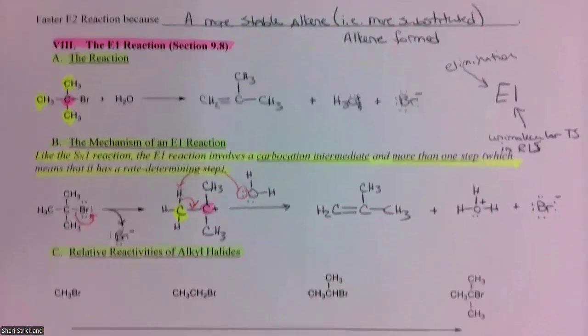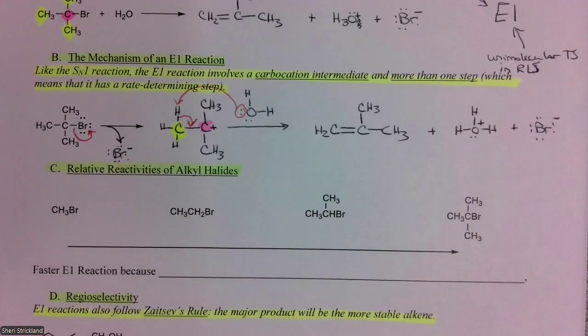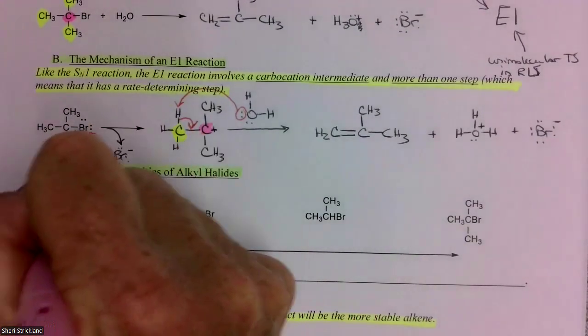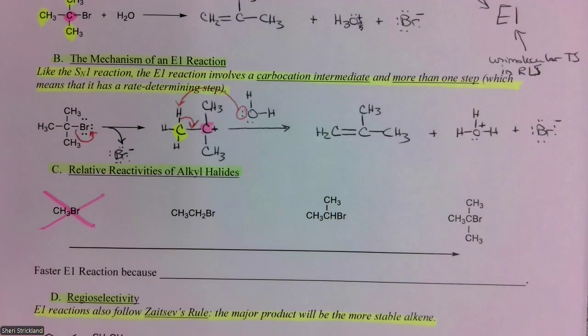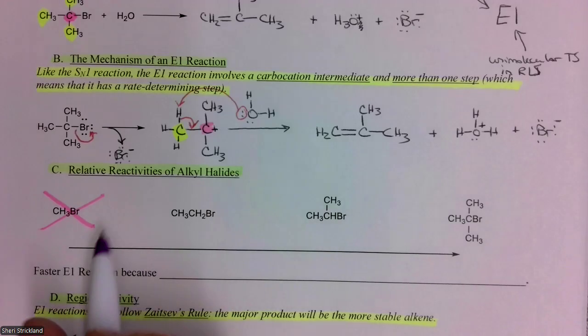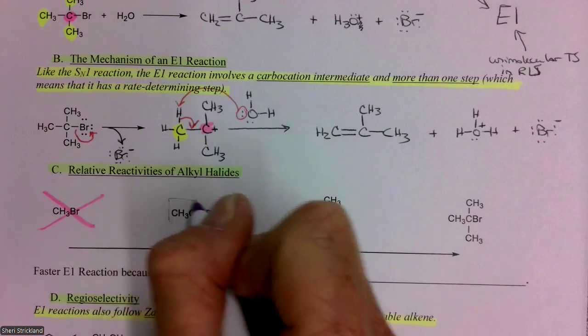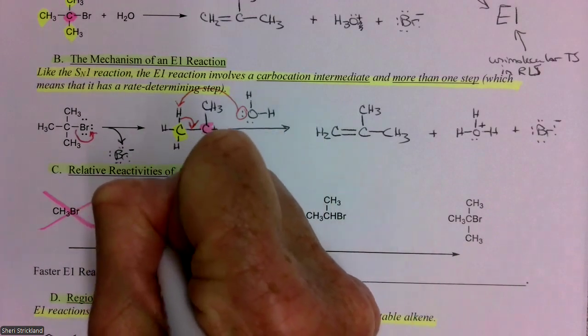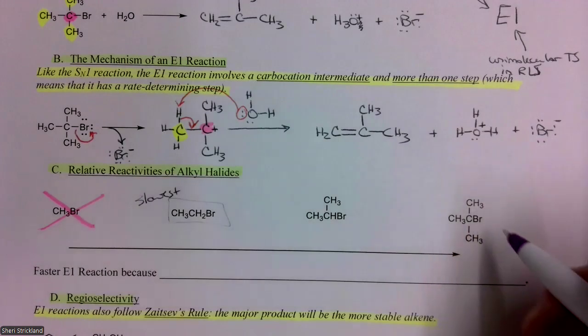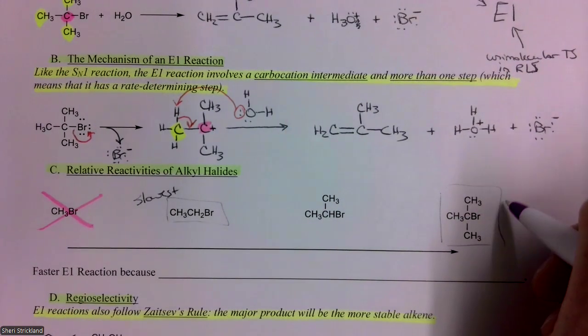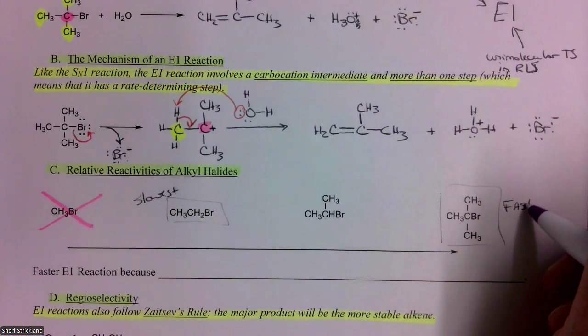All right, as far as relative reactivities go, first of all, we have to take this one out because it doesn't have enough carbons to do an elimination. Turns out that in terms of faster and slower, this one is still the slowest. And this one is still the fastest. But the reason is different.